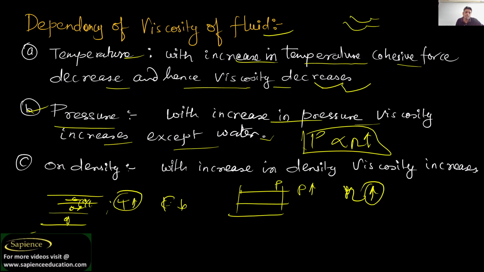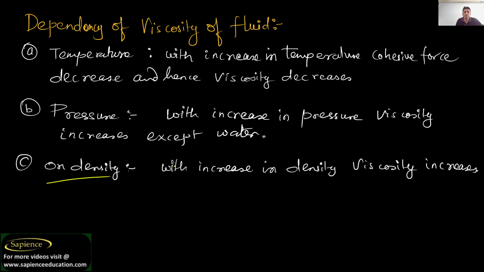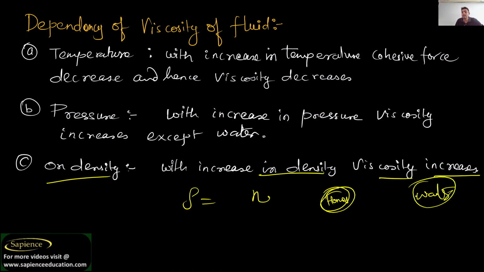Now I am talking about density. With the increase in density, viscosity increases. When we increase the density of any fluid, viscosity will increase. For example, honey has more density in comparison to water. So if density is more, it means viscosity is more.